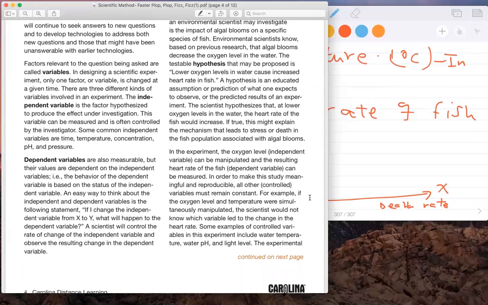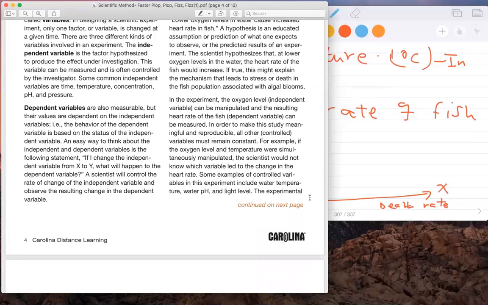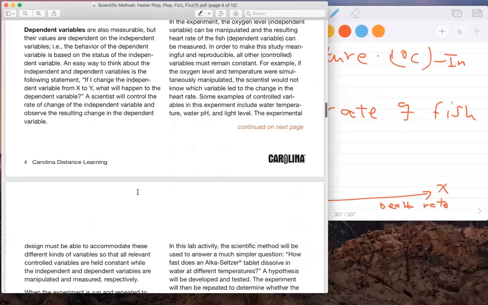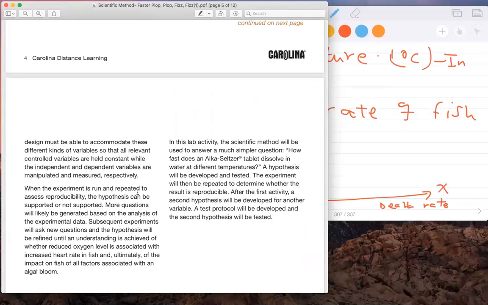So on the graph, know where the independent goes with respect to the y and x-axis, so that when you plot that, you will look at the graph and draw some conclusion.